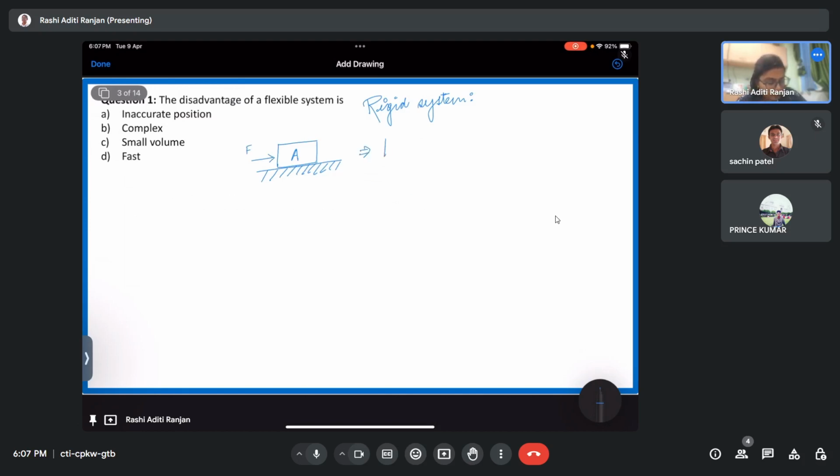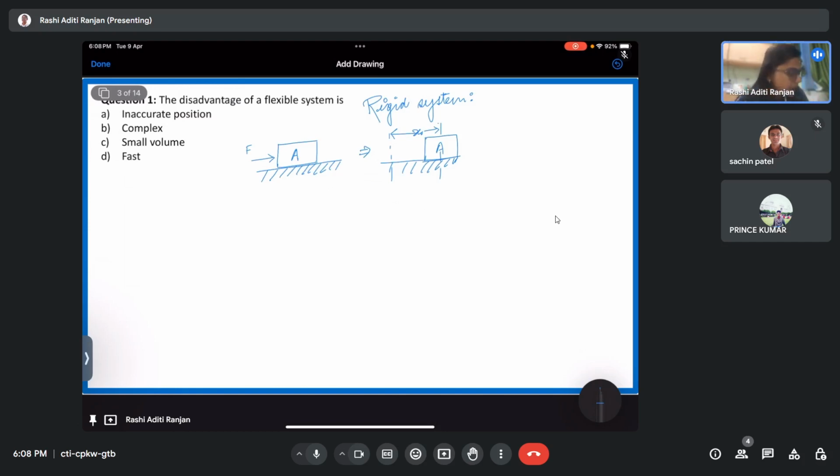The body is going to move to a new position over here, A, and let us suppose that it is at a distance x naught from the initial reference. We say the body is the same, having the same volume and the same dimensions, showing no deformation.